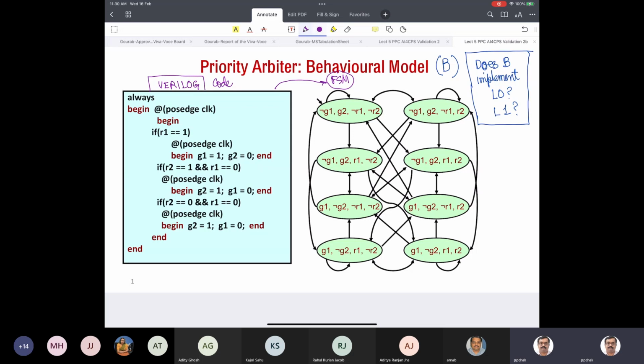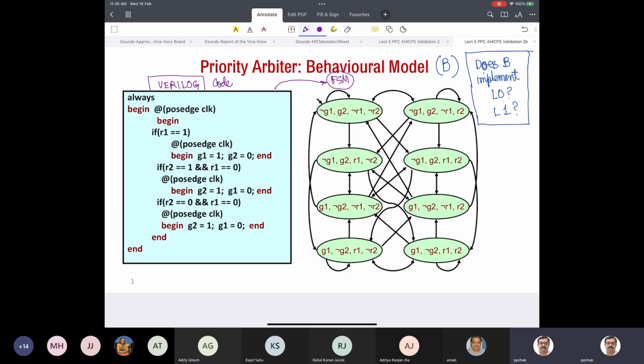Based on this, you can go through all the steps that we discussed last day about multiple level specifications.